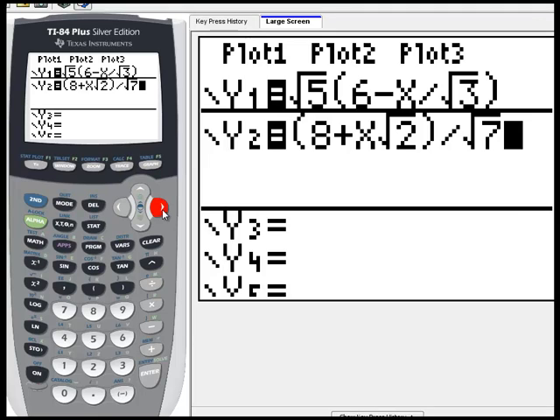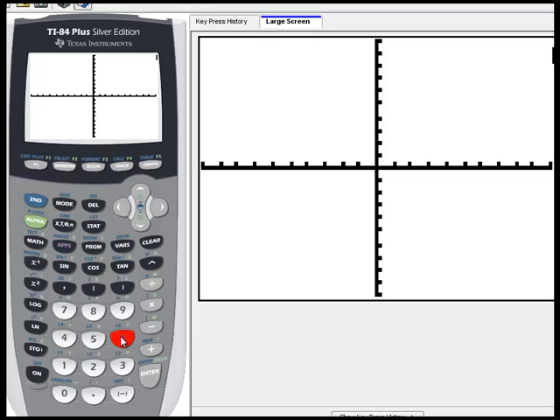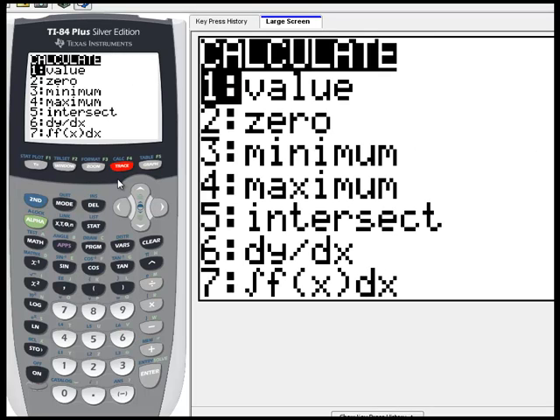Let's see if the standard coordinate system can be of help to us. Zoom 6. A single point of intersection is on the coordinate system right now. Let's get it calculated. Second, calculate, intersect.